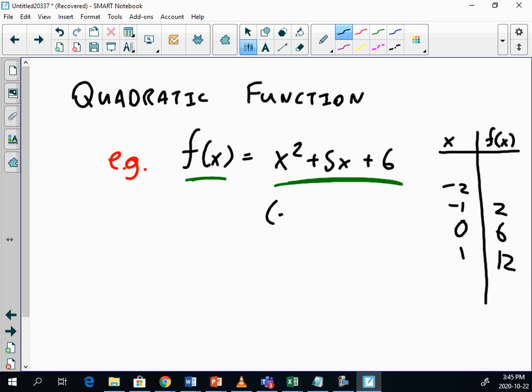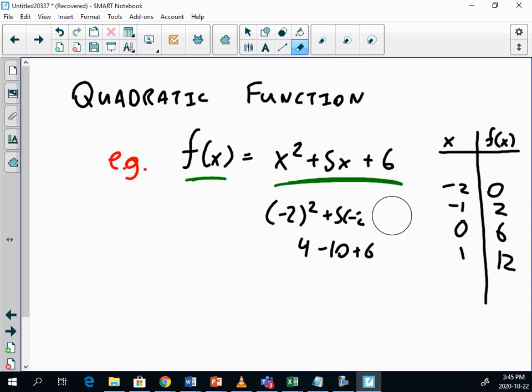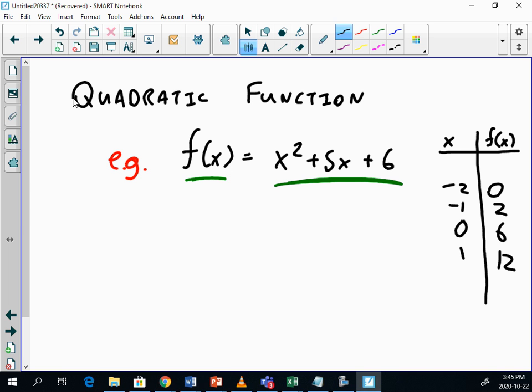Then I'd be doing negative 2 squared plus 5 times negative 2 plus 6, which would be 4 minus 10 plus 6, which would be 0. And I could keep going here, and I'd find that if I tried negative 3, I'd also get 0. If I tried negative 4, I'd get positive 2.